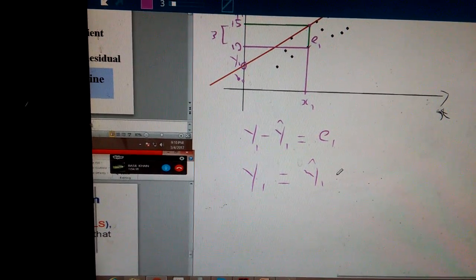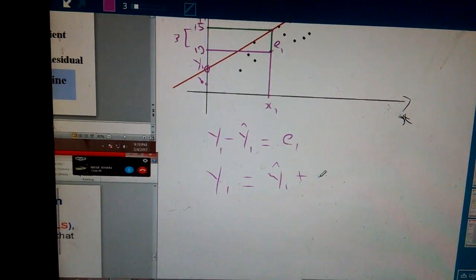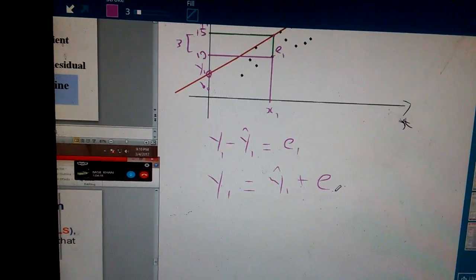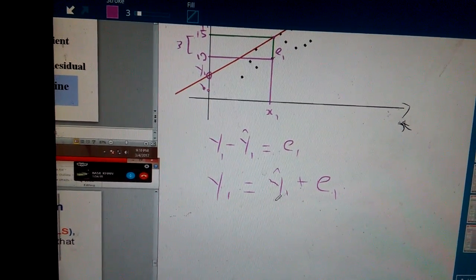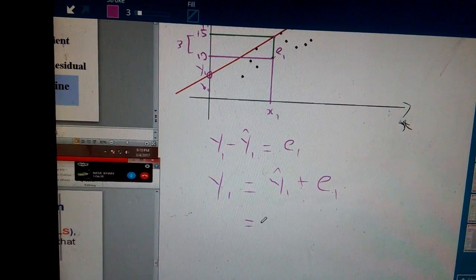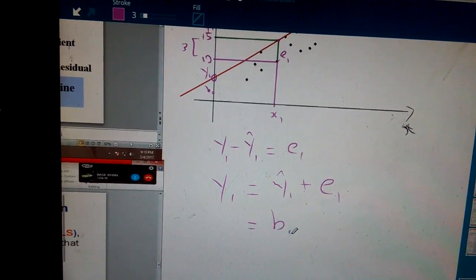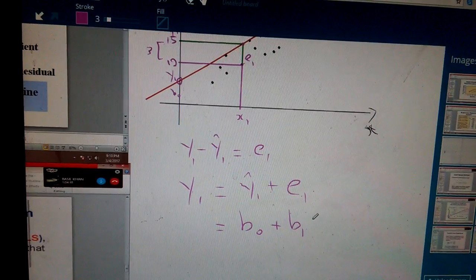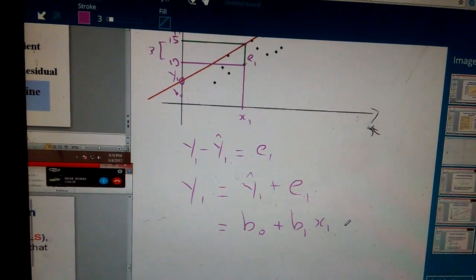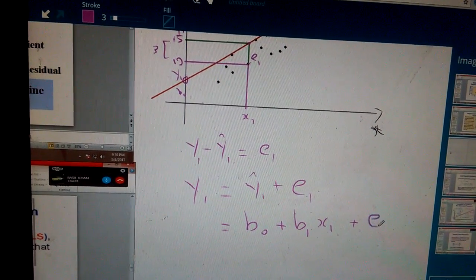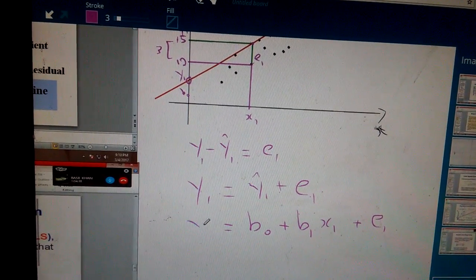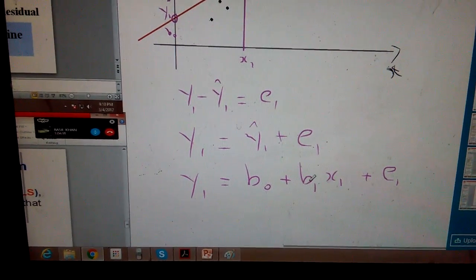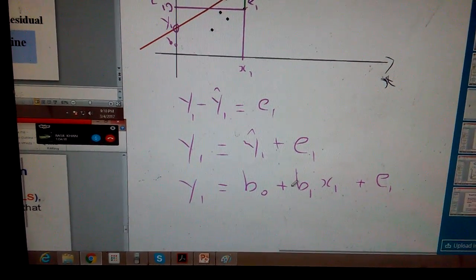We are discussing the sample here, so instead of using epsilon, we have differentiated our error with e. Now your equation is b naught plus b1 x1 plus e1. This gives you the first actual value of your sample data. That's how the equation comes.